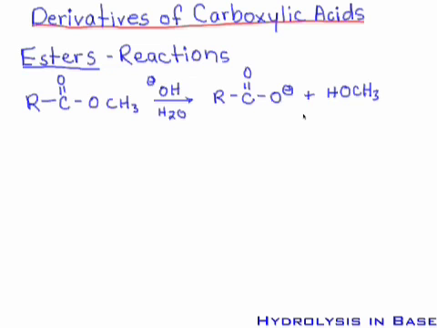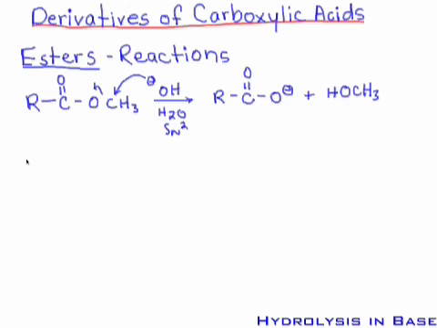Now we can envisage several reaction mechanisms for this. For example, I could imagine the hydroxide doing backside attack on the methyl and kicking out the carboxylate. In other words, I could imagine an SN2 reaction mechanism.